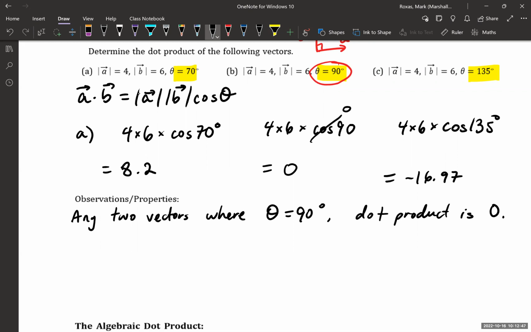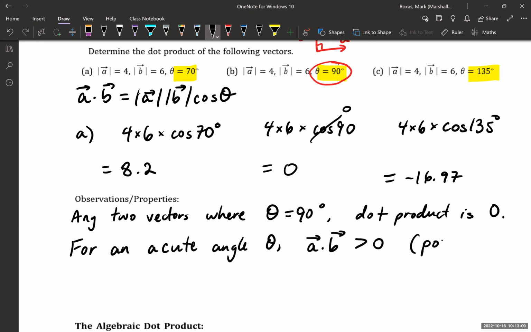What about the other 2? When we have an angle that's less than 90 degrees, so for any acute angle theta, then the dot product A dot B is going to be greater than 0, positive. Okay, so you can see the positive value there of 8.2.